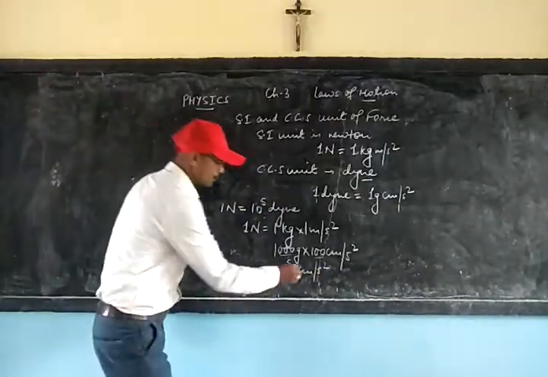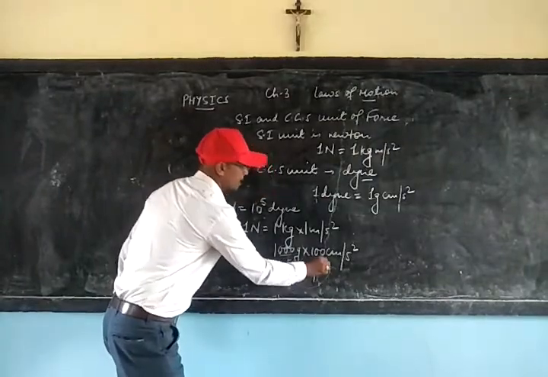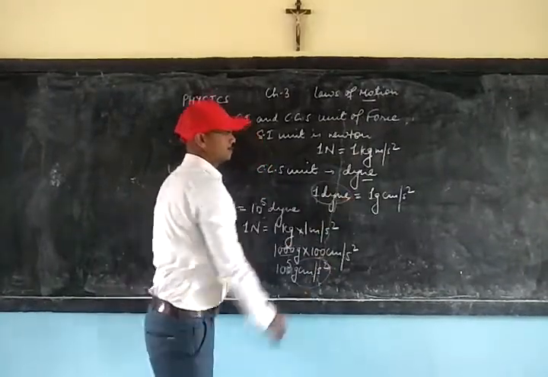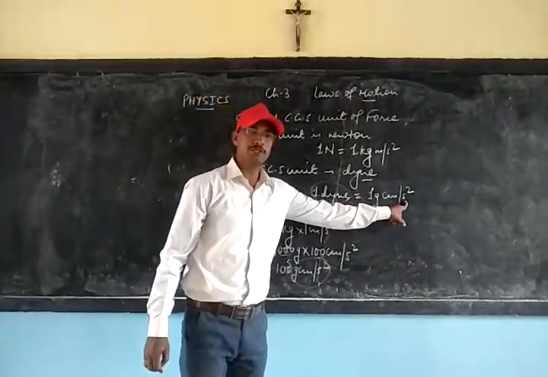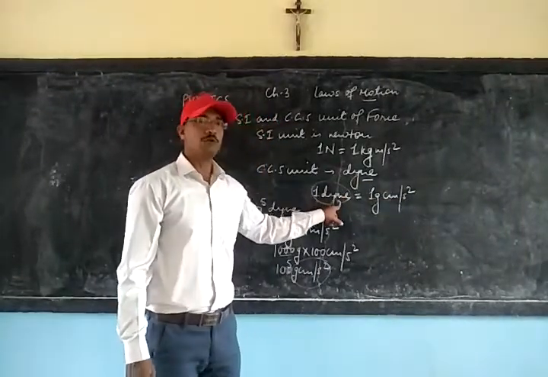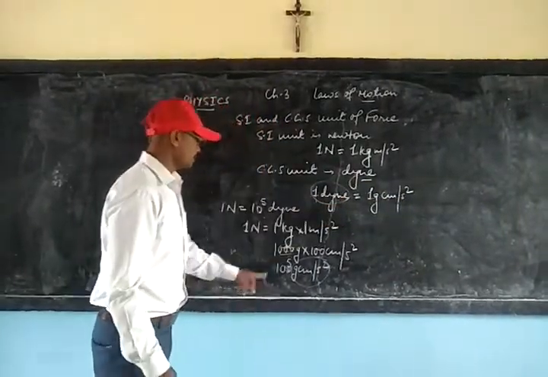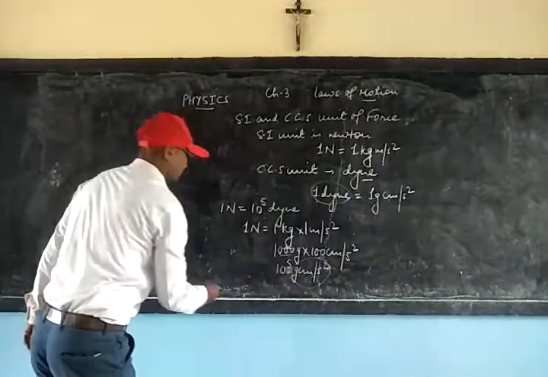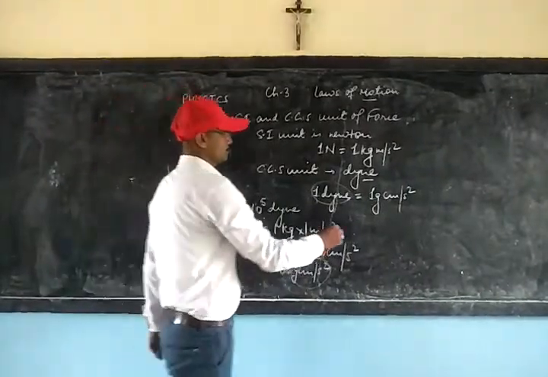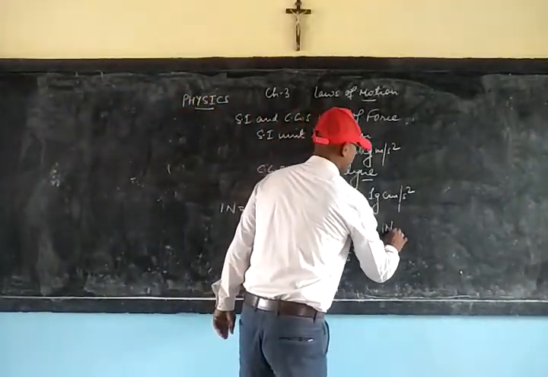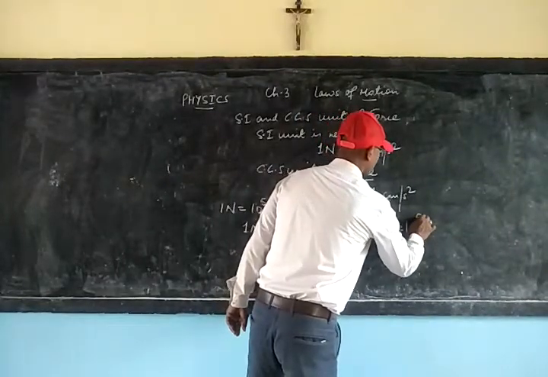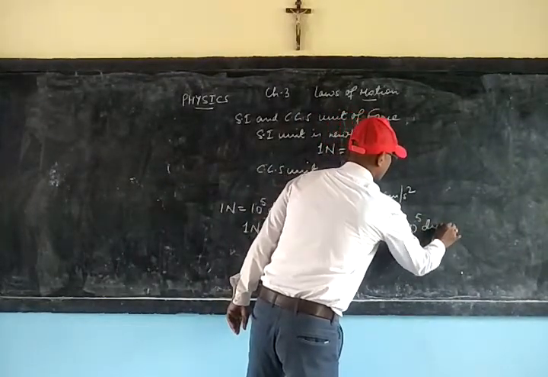And as you know, gram centimeter per second square is nothing but dyne. So instead of writing this, we can write 1 Newton is equal to 10 to the power 5 dyne.